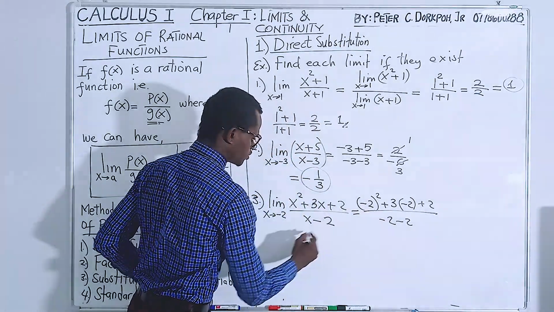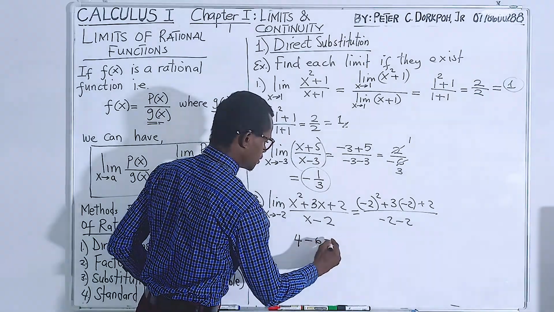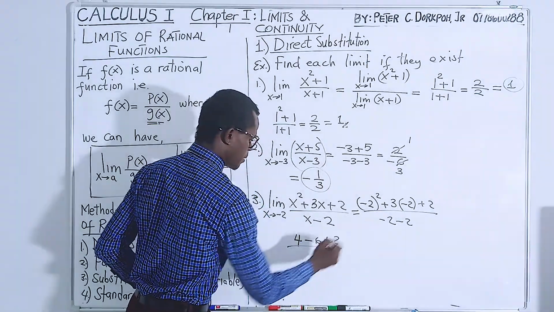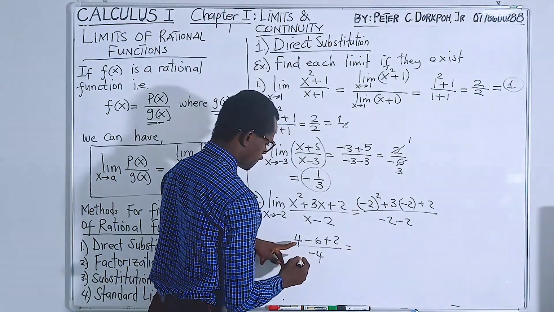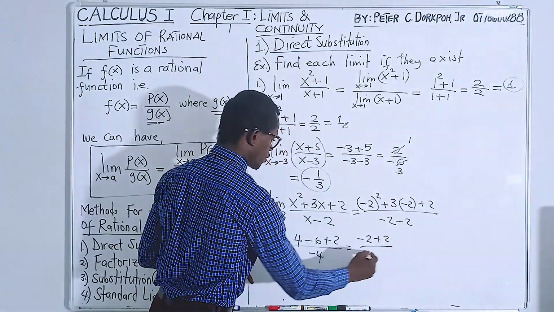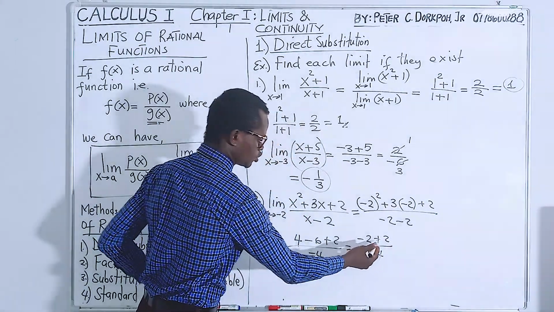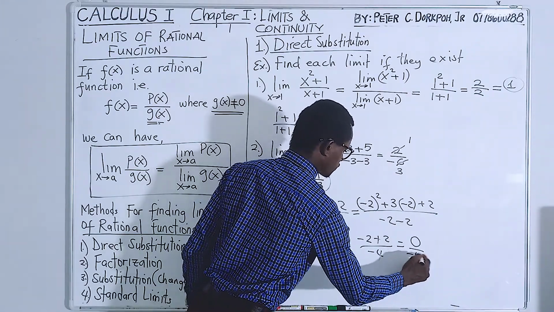So minus 2 times minus 2 is positive 4, minus 6, plus 2, all over minus 2 minus 2 is minus 4. So 4 minus 6 is minus 2, plus 2, all over minus 4. Minus 2 plus 2 is equal to 0, all over minus 4.